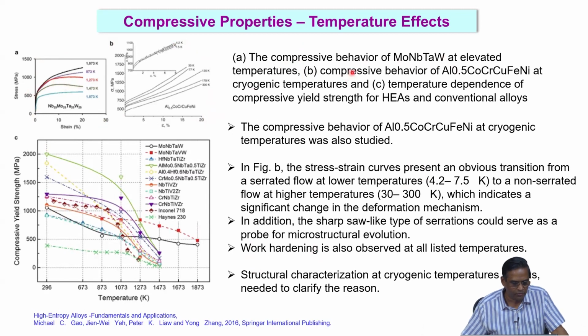What we are showing in figure A is the stress strain curve, and B is the stress strain curve as a function of temperature, of course, and you have a compressive behavior of aluminum, cobalt, chromium, copper, iron, nickel alloy at cryogenic temperatures.